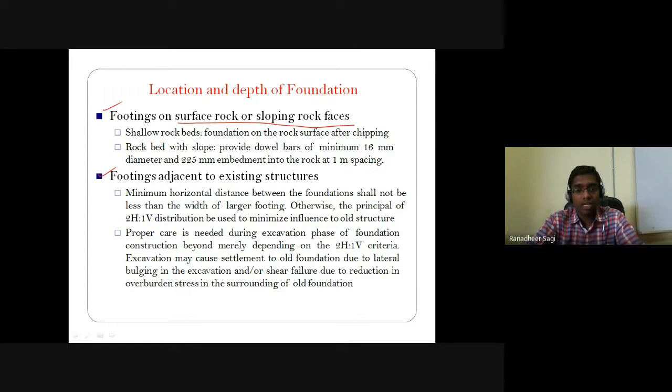You have to take care of the load transfer, how it happens from your foundations, and what is the region within which load transfer is happening from the footings of the adjacent structure.